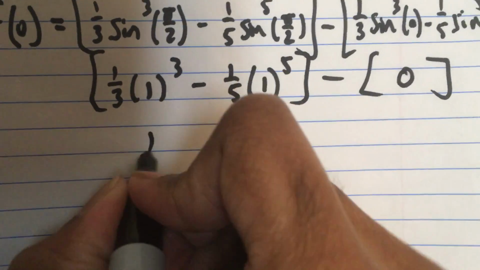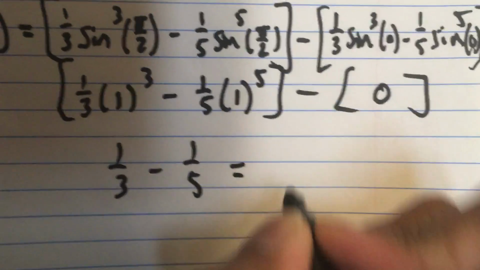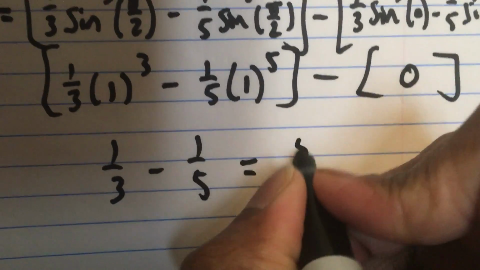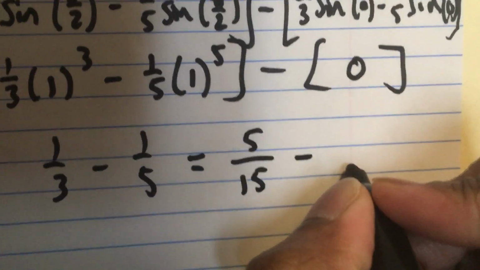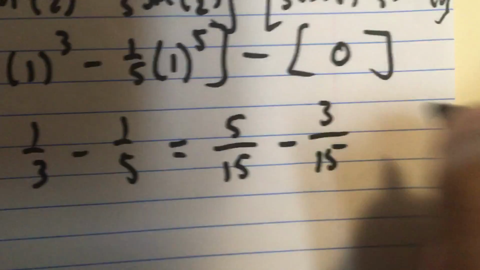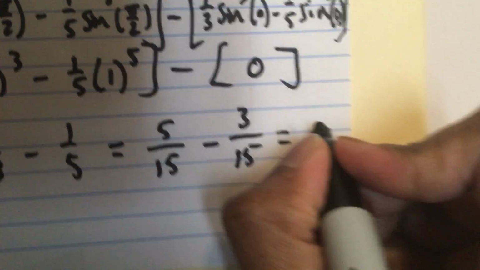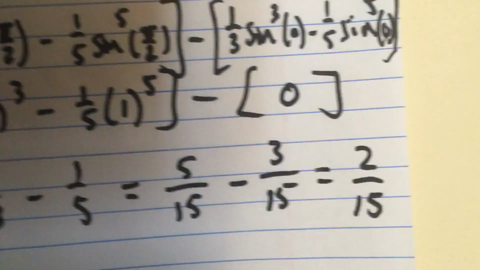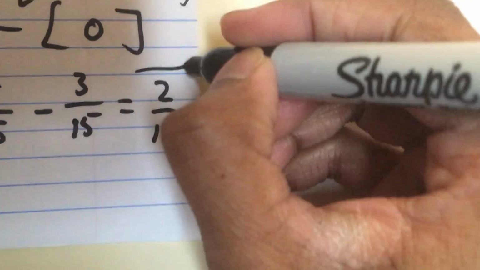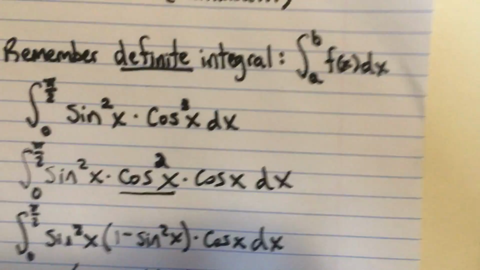I get 1/3 minus 1/5. I'm going to find common denominators, so 3 times 5 is 15. 5/15 minus 3/15 equals 2/15. And that is my final answer for number 1.